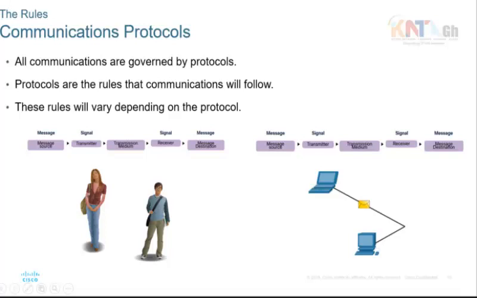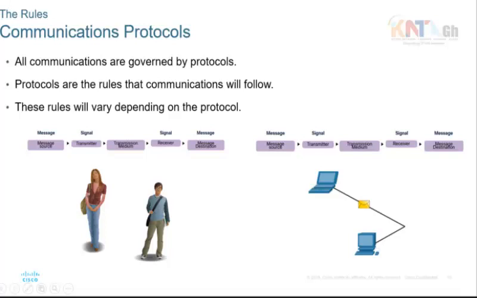In human communications, you have the message source, like discussed in the previous slide, and that message source will have a transmitter that will transmit that message, and it needs a particular channel or medium for it to be transmitted.